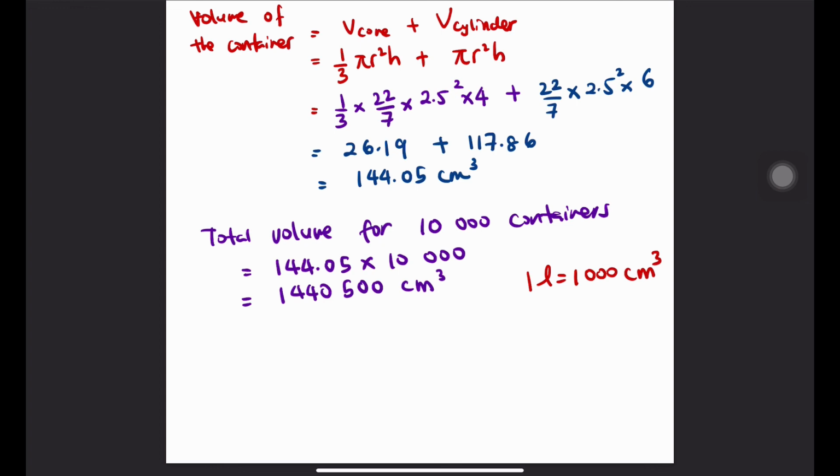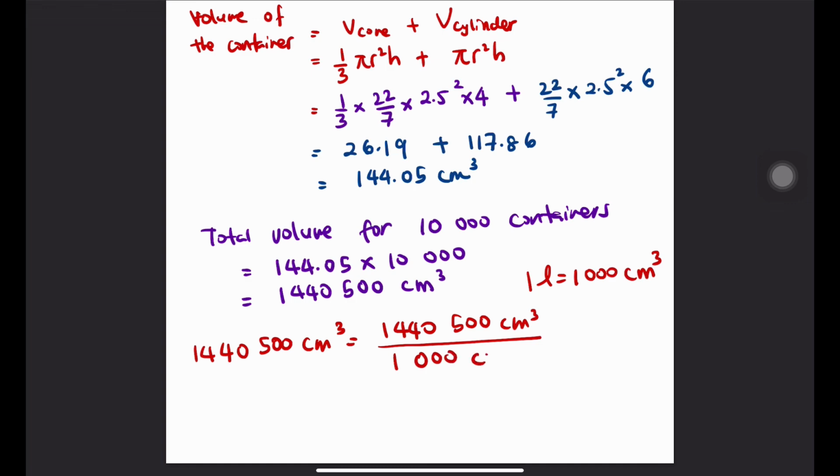So we divide 1,440,500 centimeter cube by 1000 centimeter cube per liter.